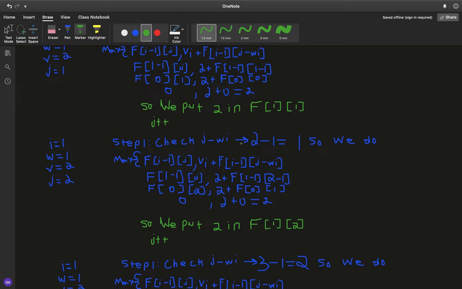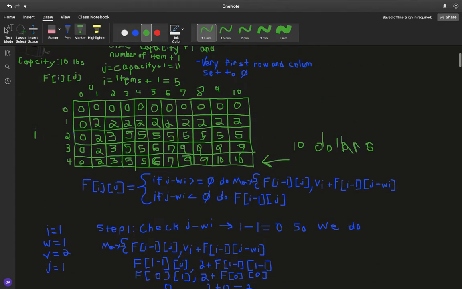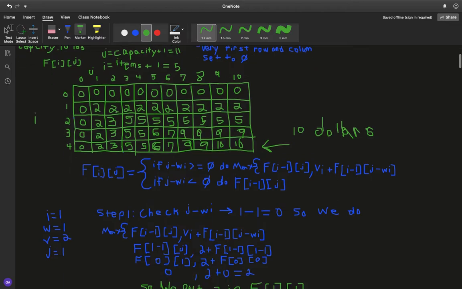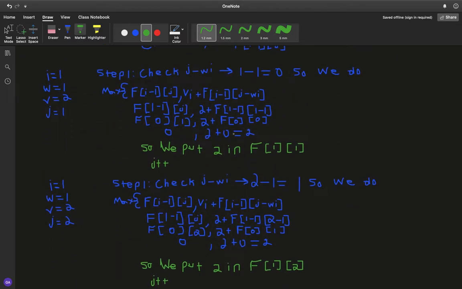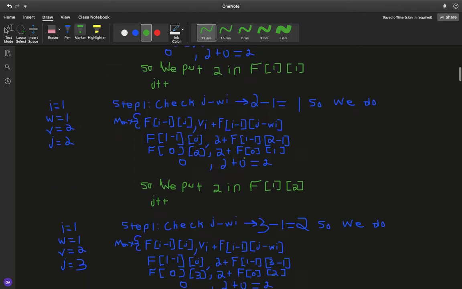2 minus 1 is 1, so it is still greater than or equal to 0, so we still do the max between these two, and the only thing that changes is the j. So f sub 0 of 2, if I go back up here and check, is 0. You can see how I put 0, and then you get 2 plus f sub 0 of 1.